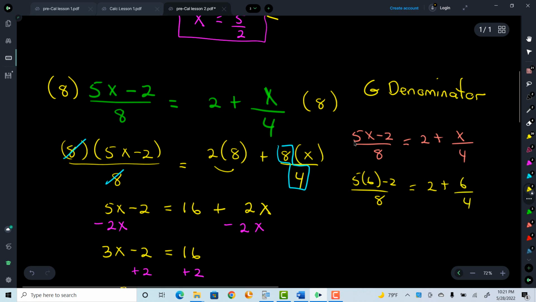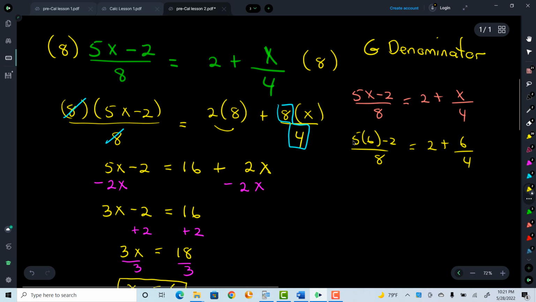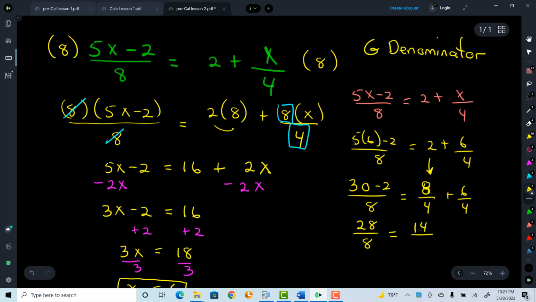Don't get scared of the fractions, right? 5 times 6 is 30 minus 2 over 8 equals, let's get a common denominator here. So let's make this 8 over 4 plus 6 over 4, right? 2 is the same thing as 8 over 4. So now we have 28 over 8 equals, right? We're adding fractions, so we add the top. 8 plus 6 is 14 over 4.